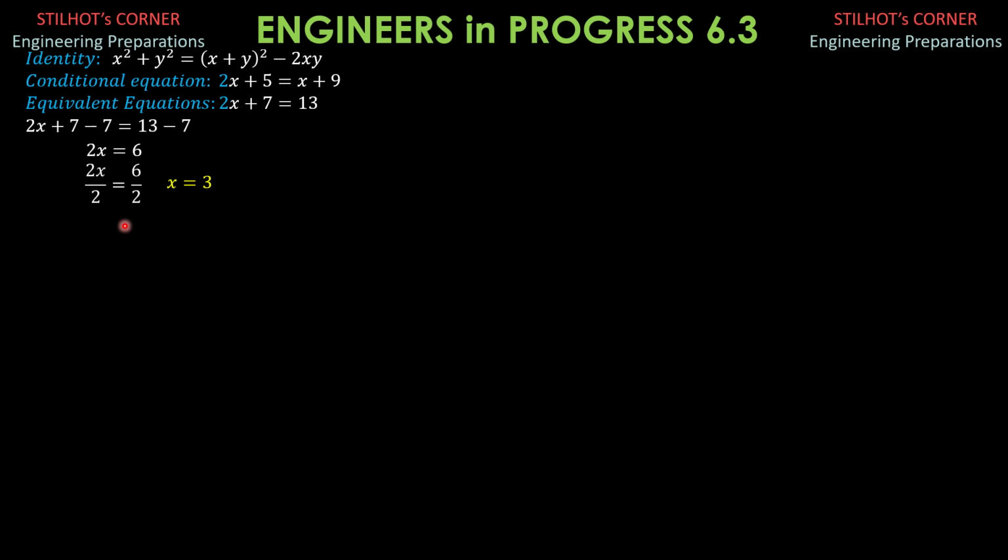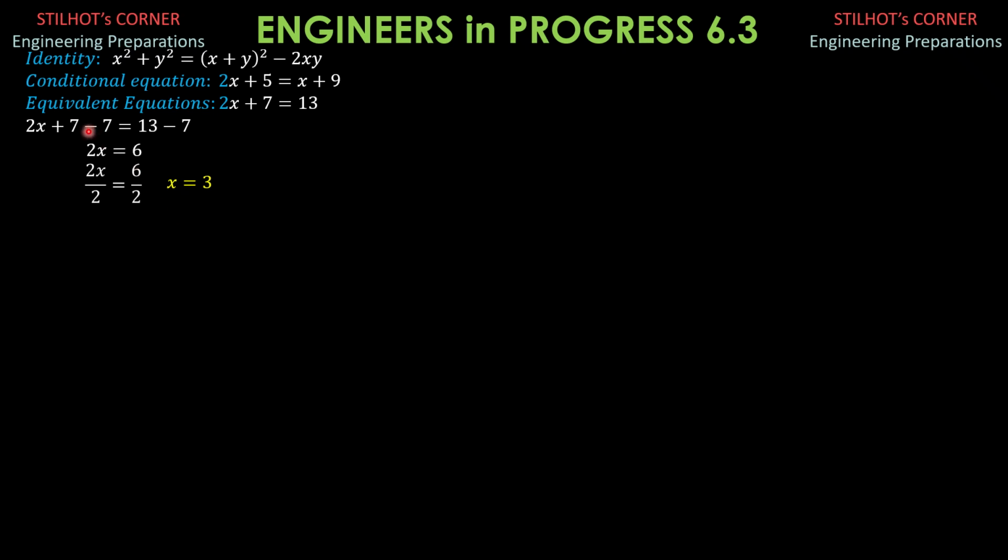The following facts or rules lead to facilitating the solutions of equations. First, equal terms from both sides of the equation can be cancelled by subtracting the term from both sides. We did that partially for this situation here. If we have 7 from both sides, we eliminate 7, in this case, we eliminate negative 7 or vice versa. A term can be transposed from one side to the other with the sign of the term changed by subtracting it from both members.